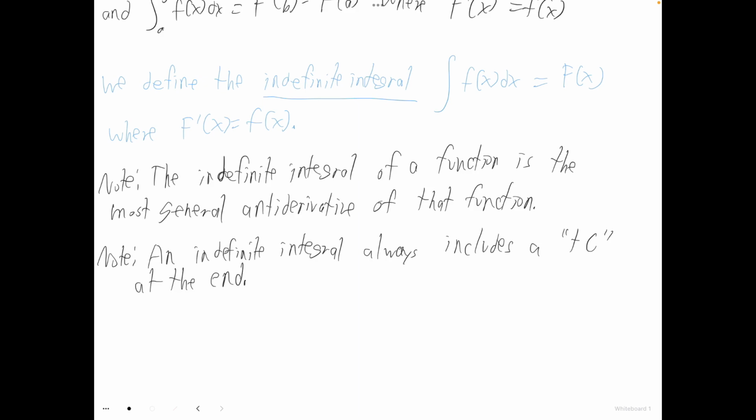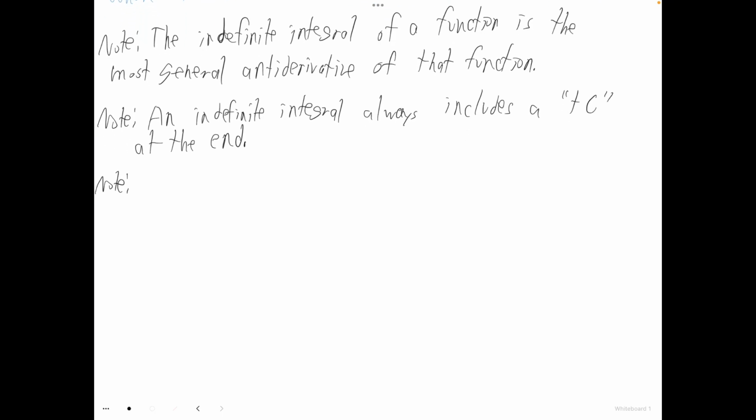So for an indefinite integral, you'll always include the constant at the end, as it is the most general antiderivative. So you have to include the constant because we can shift by constants, as you might remember from our antiderivative lesson. And the next thing is just a comparison to be aware of.